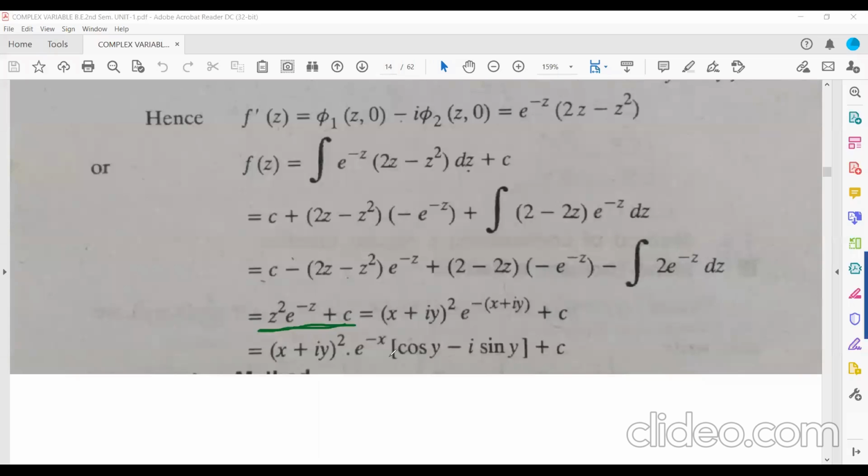Then whatever the v part is in terms of x, y, that will be your v of x, y. In that way, using this method, you will be able to easily find the analytic function or the function v.